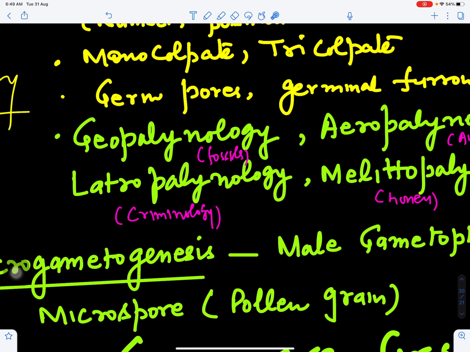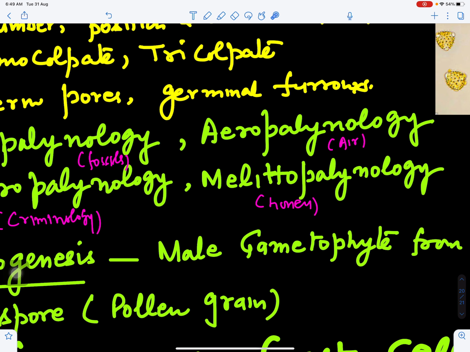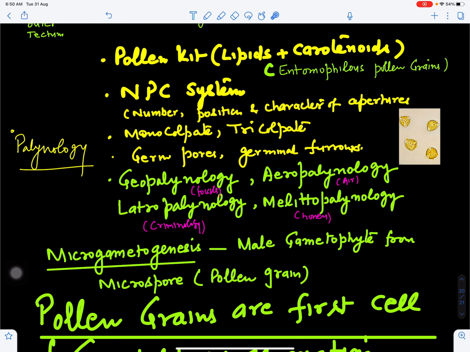So that study in the medical aspects of criminology using pollen grains is called as iatropalynology. And honeybees sit on the flowers and eat the nectar, and on their legs pollen grains are attached. So when they form honey, pollen grains may be inside. So this study of pollen grains in honey is called as melissopalynology. So these are the different types of palynology.